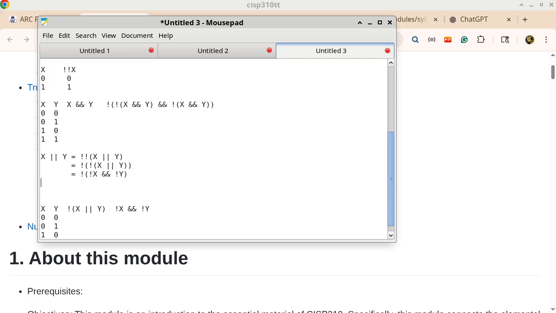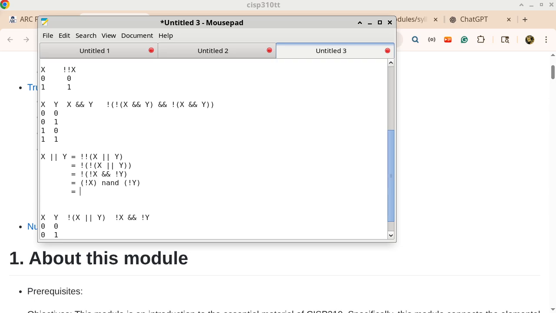But getting back to the conversion to NAND, now I can identify the first NAND, which is not X NAND not Y. I can recognize that because this is the negation of an and, and the things that we are NANDing would be not X, not Y. So now I'm left with, how do I negate X and how do I negate Y?